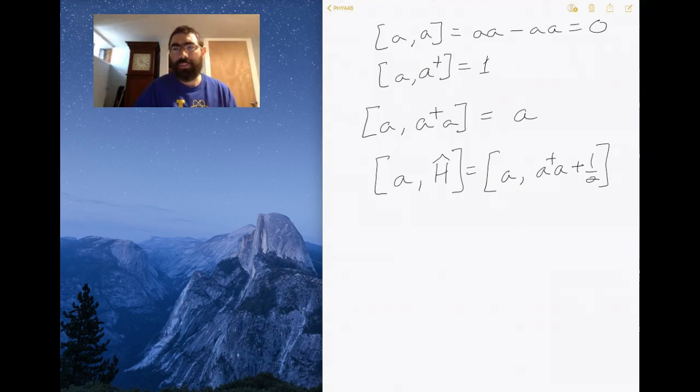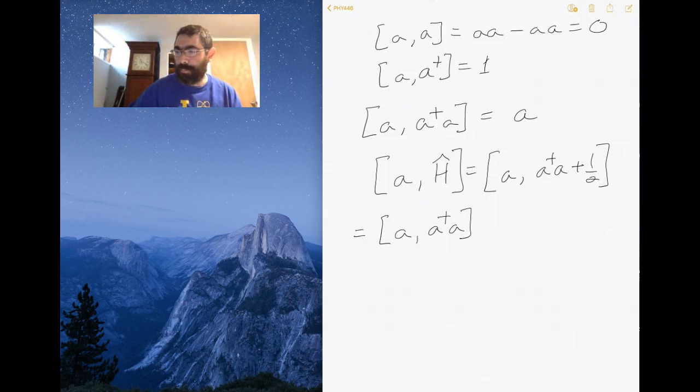So with these commutators, I can break it up if there is a summation in there. So that would be equal to the commutator of A and A dagger A plus the commutator of A and the number 1/2.